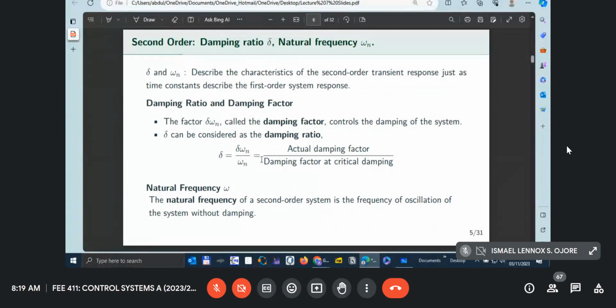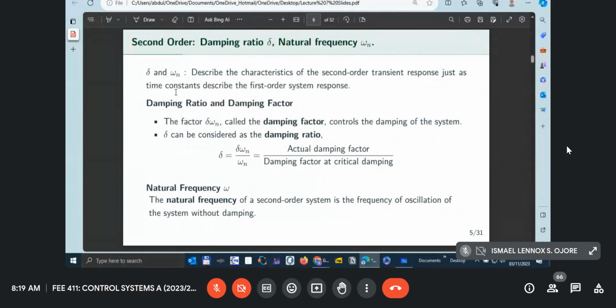This is just repetition of what I said. So these two describe the characteristic of a second order system, just as the time constant we used yesterday describes a first order system.